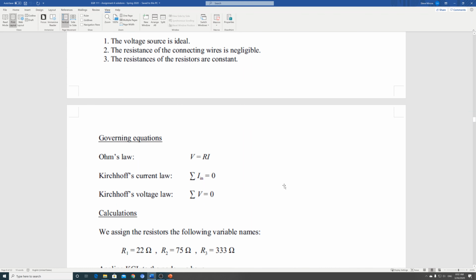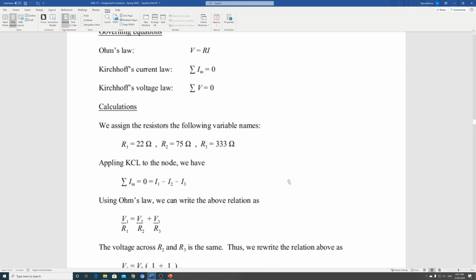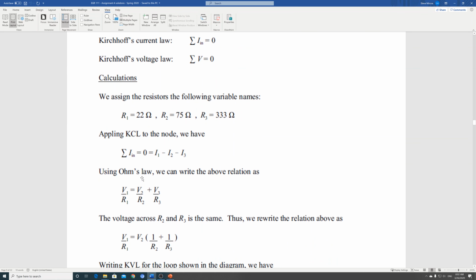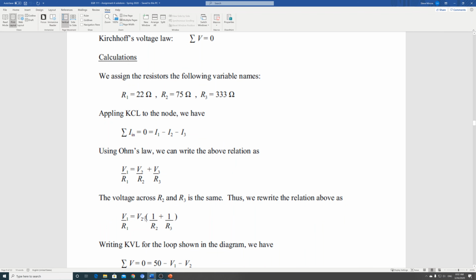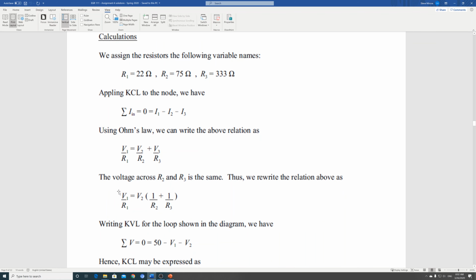So we make that simplification. Now V2 and V3 are equal, so I substitute in V2 for V3, pull out the V2, and we have an equation for this circuit with just two unknowns.